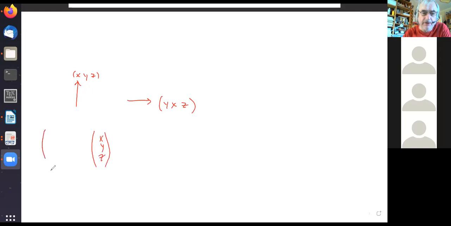So a convenient way to express this is by a rotation matrix, where we take the first row scalar with that component, that column vector, and this is the result. The first element should be the scalar product of the first row and the column vector here.